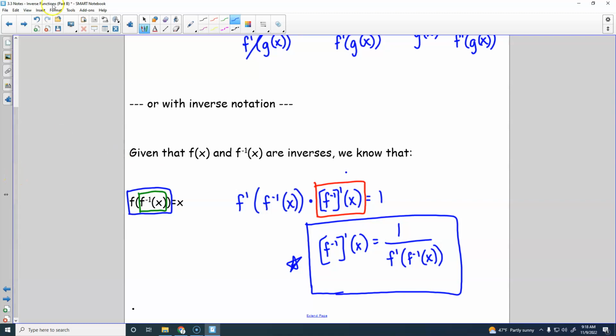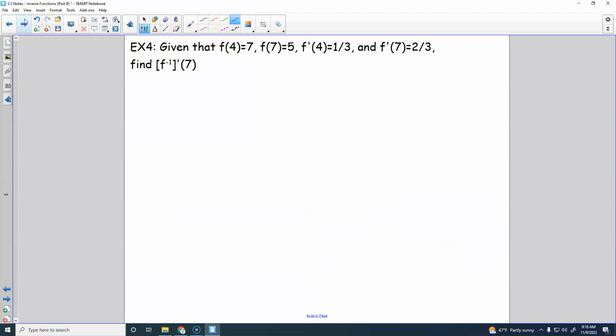So let's look at using that. Here's an example of a problem where you have to use that formula that we just wrote down, because you don't have the original equation, right?